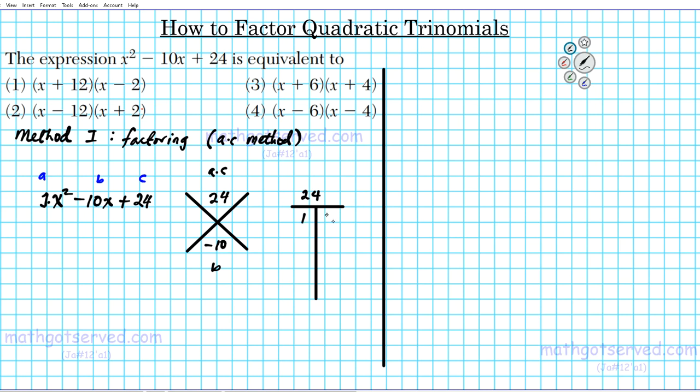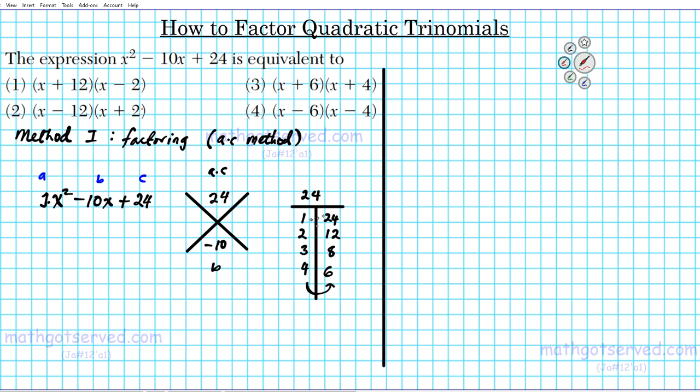Starting from 1. 1 times 24 is 24. 2, definitely. 2 times 12 is 24. 3 goes into 24 8 times. Does 4 go into 24? Definitely. 4 goes into 24 6 times. 5 doesn't go. So we already have a complete loop right here. Okay? So we have all the pairs of integers that multiply to give you 24. So we just have to pair them together to see which will yield 10 when you add or subtract.